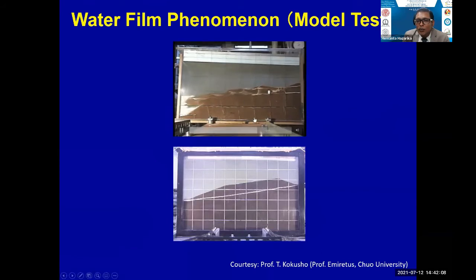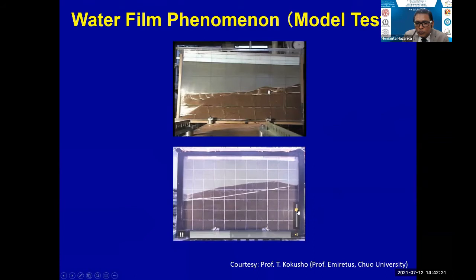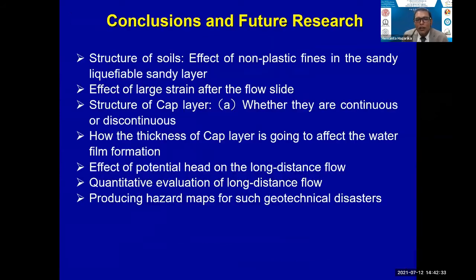Without this, the ground movement, this ground only moves. Similarly here, you can see only above this cap layer, the movement is taking place. So this is what a water film is.